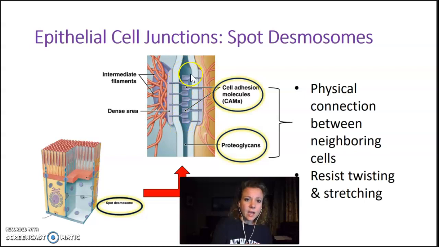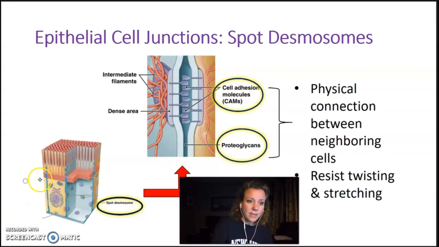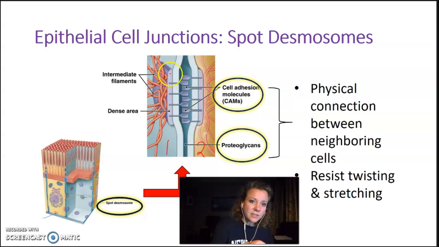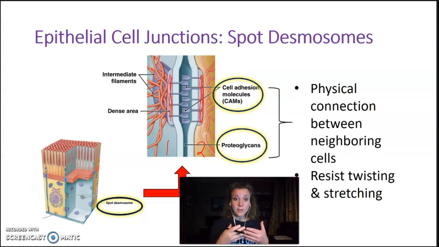If we look, these cell adhesion proteins, these CAMs, are the ones in between the membranes of cell number 1 and cell number 2, and then they're connected to a membrane protein that's on the inside of each cell membrane. And then these are connected to the cytoskeleton of their respective cells. So you have a pretty strong, very well reinforced desmosome here.